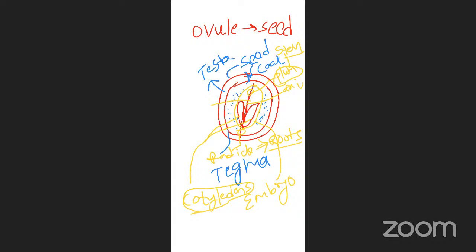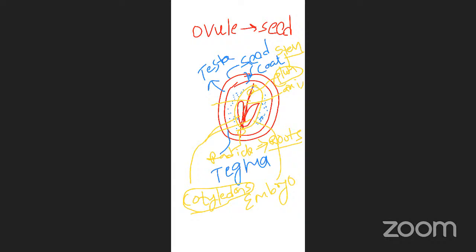For example, albuminous seeds in monocots are wheat, rice and other cereals; exalbuminous seeds in monocots include onion. In dicots, albuminous seeds include castor, but exalbuminous seeds include pea and other pulses.